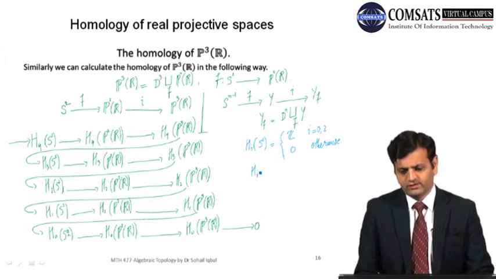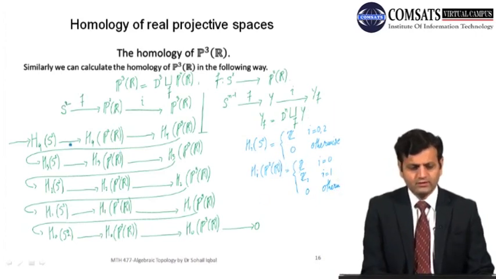H_i of P2R is equal to Z when i is equal to 0, equal to Z2 when i is equal to 1, and 0 otherwise. So we can say that H3 of S2 is 0, H2 of S2 is Z, H1 of S2 is 0, and H0 of S2 is Z.